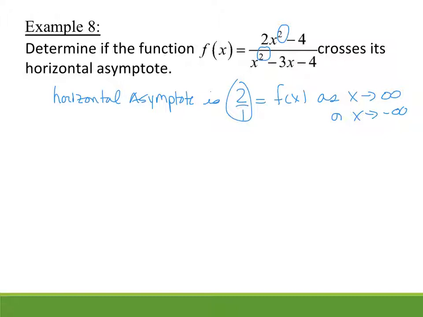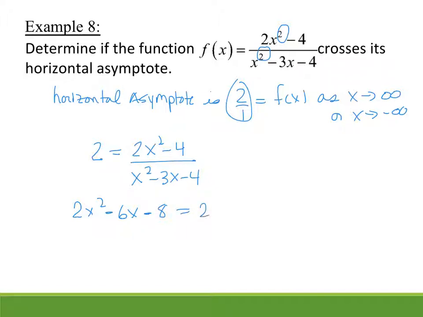Now the question is, does it cross? To find if it crosses, we just set 2 equal to 2x squared minus 4 divided by x squared minus 3x minus 4, and we solve the equation. We get 2x squared minus 6x minus 8 is equal to 2x squared minus 4.